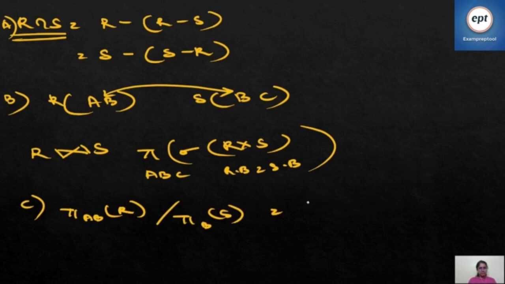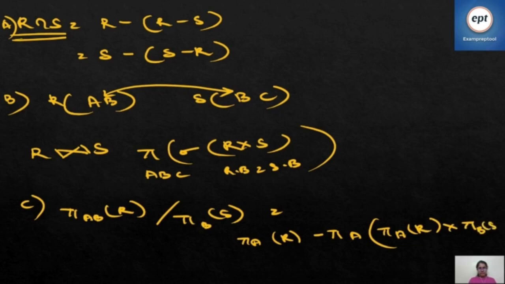Basically, it will be the projection of A on R, minus the projection of A of (projection of A on R cross product projection of B on S, minus the projection of AB on R). This will be the division operator.